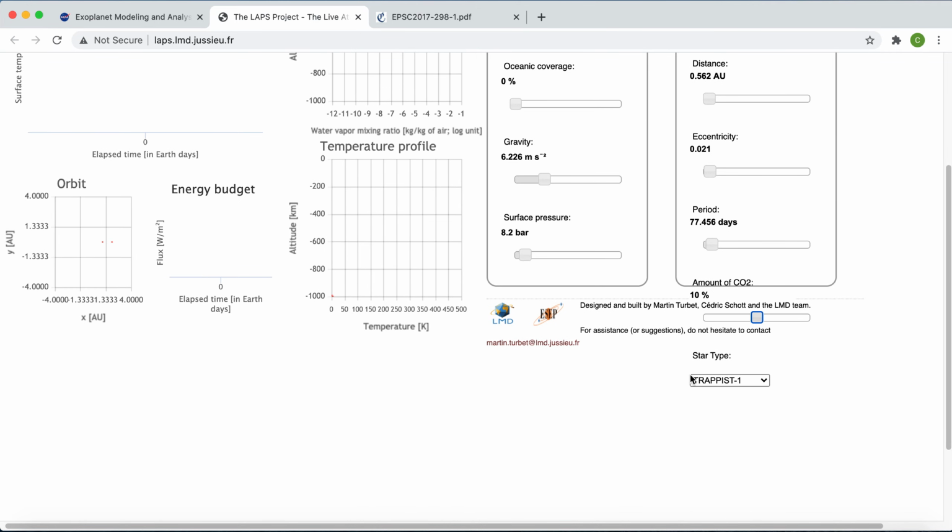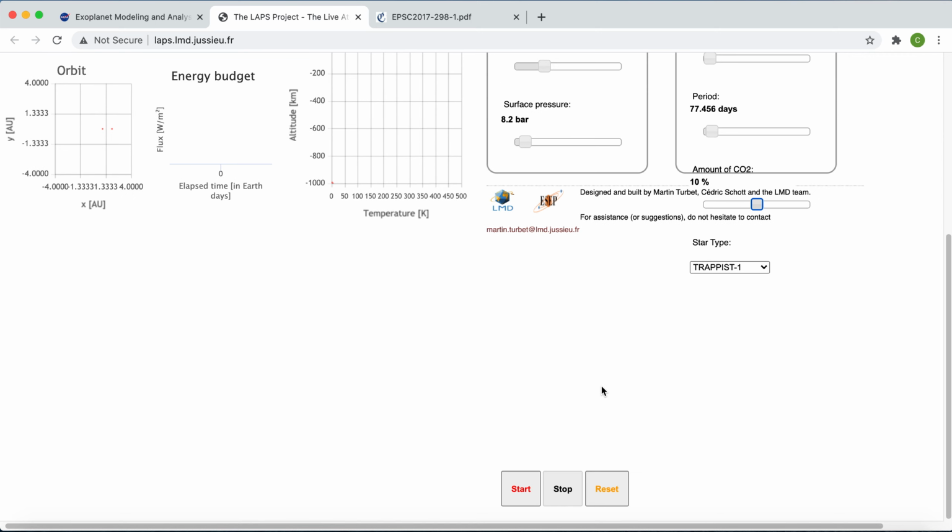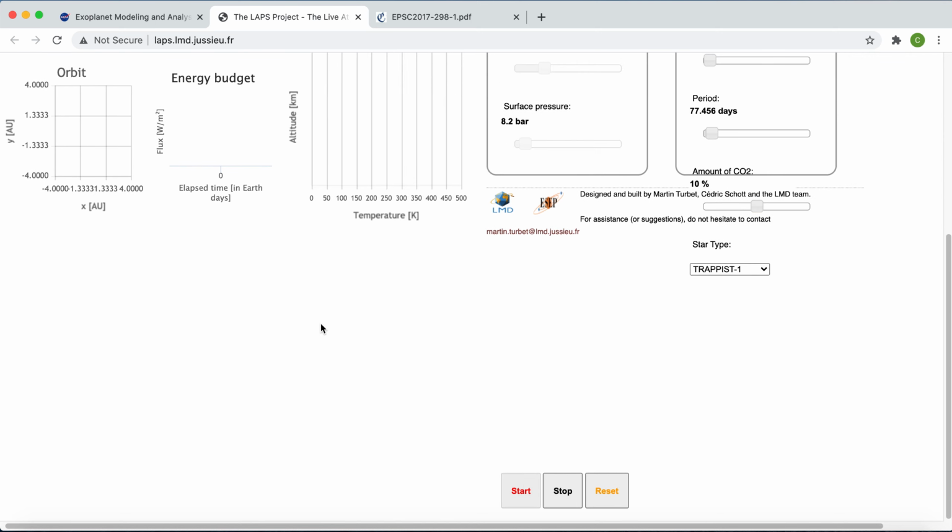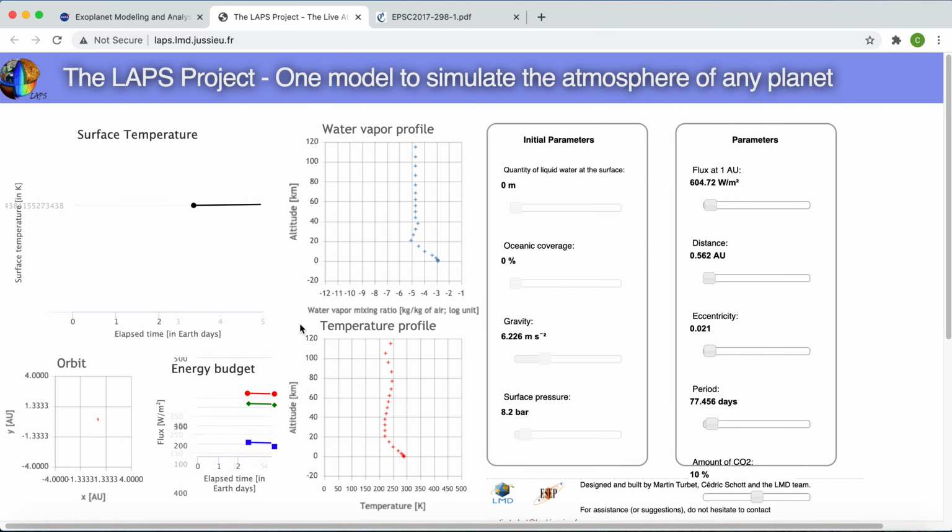And let's say it has 10% CO2 in its atmosphere. And then we click start and see what populates for us.